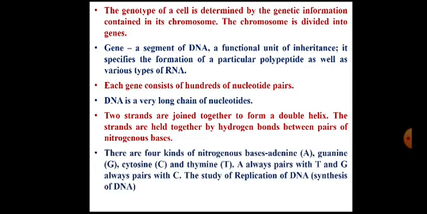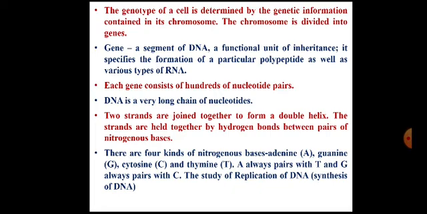These nitrogenous bases are of four types: adenine, guanine, cytosine, and thymine. These are seen in DNA, whereas adenine, guanine, cytosine, and uracil are seen in RNA.